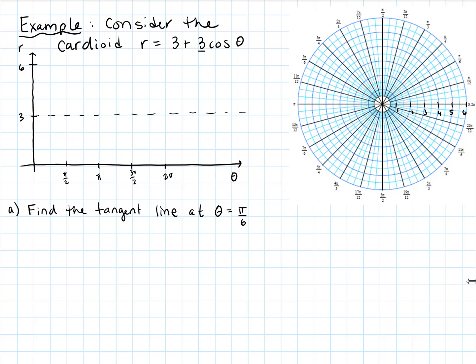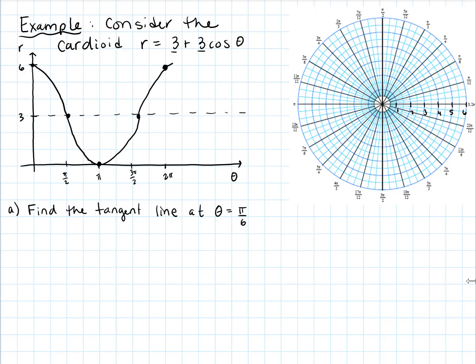It's shifted up 3, and it has an amplitude of 3, so I start up at 6. By the time I get to pi over 2, I'll be back down at 3, and at pi I'll hit 0, and then I'll go back up again, hitting those key points to sketch my curve.